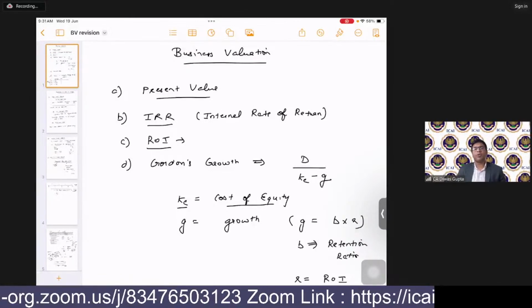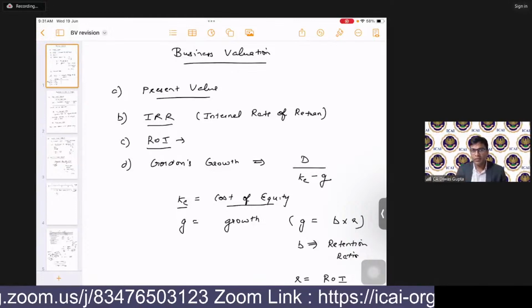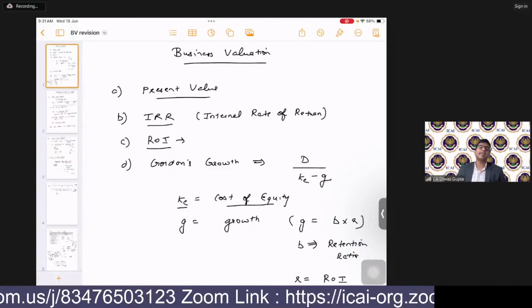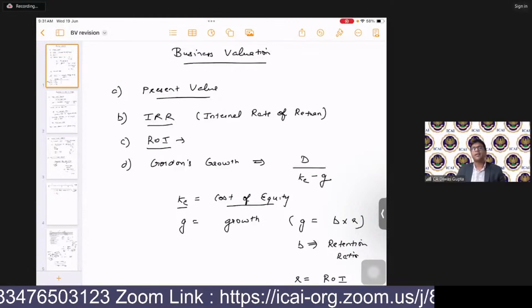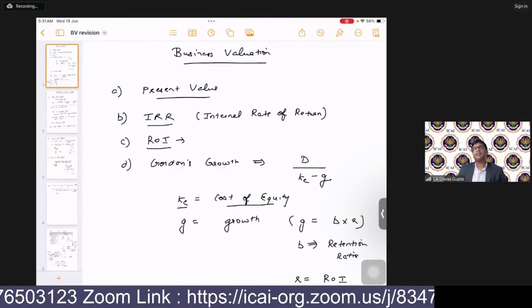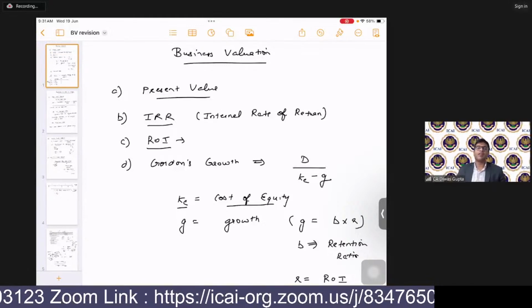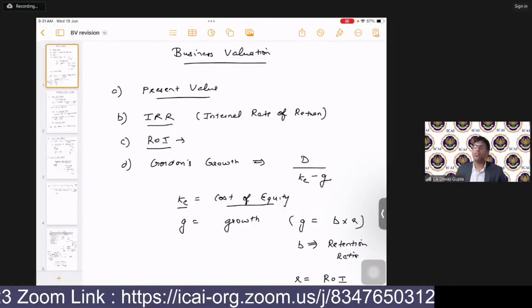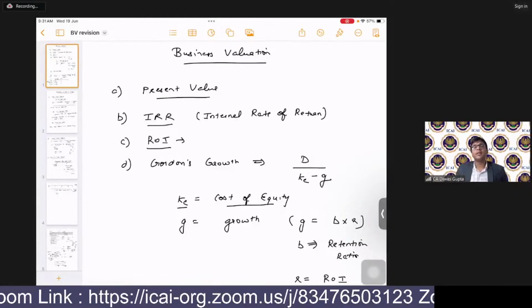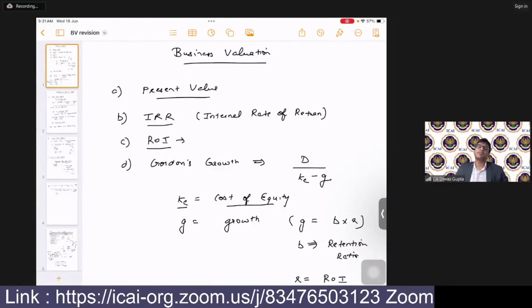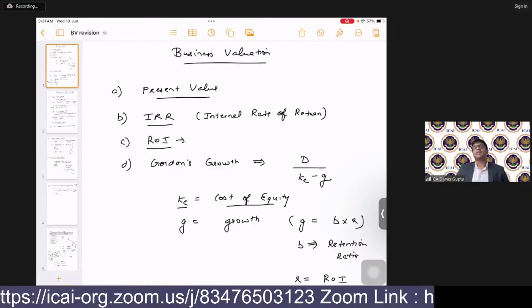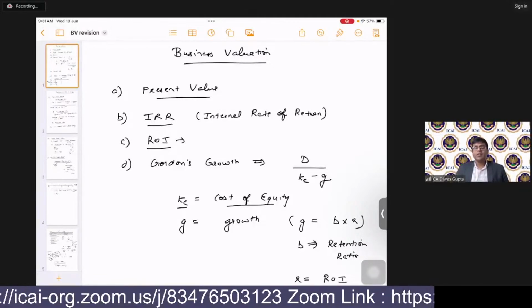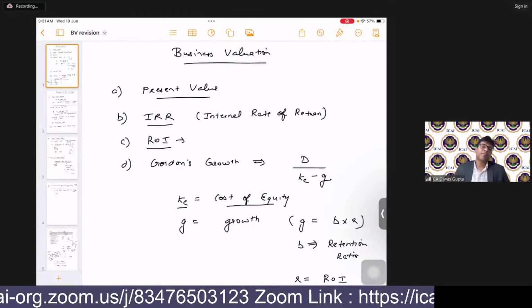In continuous compounding, the compounding is happening continuously, every second, every moment. We use e raised to the power of the time period along with the interest rate to arrive at the continuous compounding factor. So this is there on the present value, students.